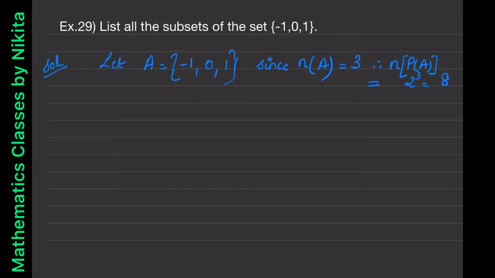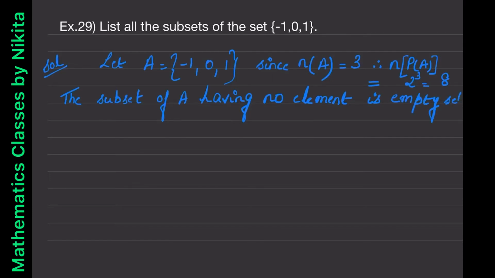Okay. Now first of all, the subsets of A. So first we will write the subset of A having no element. It is the empty set. So there is only one such set, the empty set, and that empty set is denoted by phi.